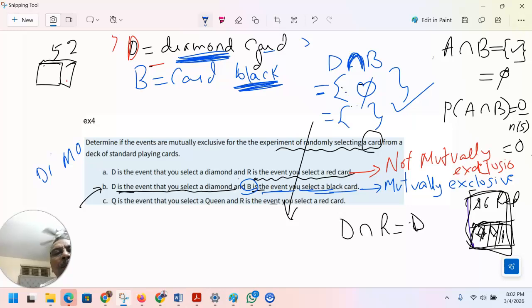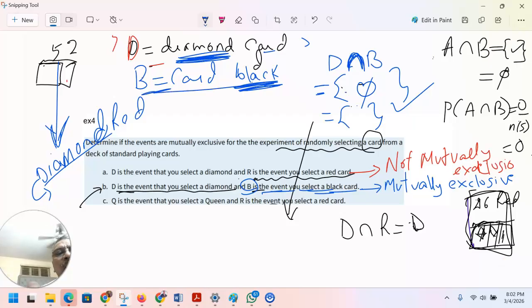It means it cannot happen that when you draw a card, it is both a diamond card and a black card. Because diamond cards are red cards, right? And you're saying B is a black card. A black card cannot be a red card. So there is nothing common, and this is mutually exclusive.